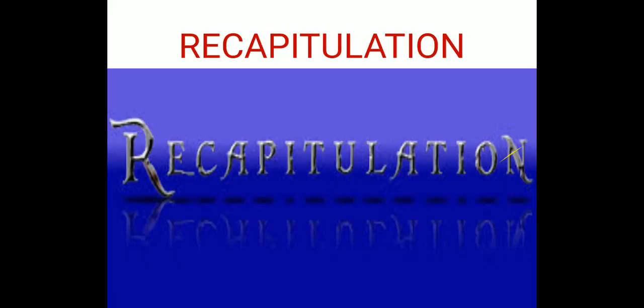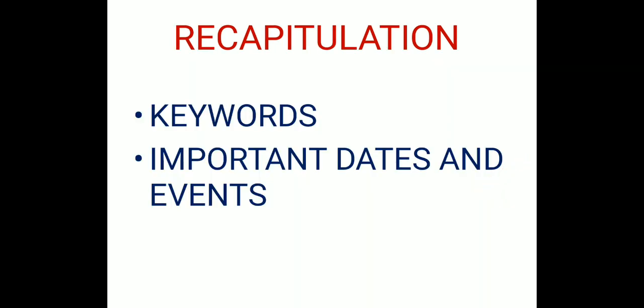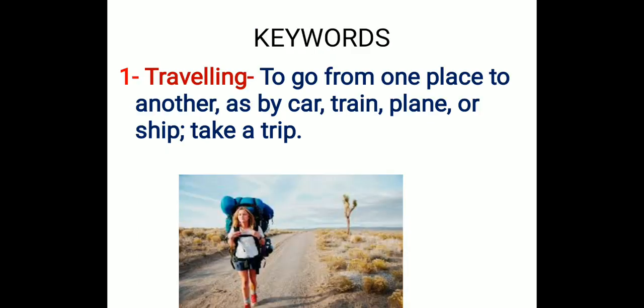Yes, so now we will start. We will do a recapitulation of the chapter, discussing the keywords and important dates and events. So let's start. The first keyword of this chapter is traveling. What do you mean by traveling?